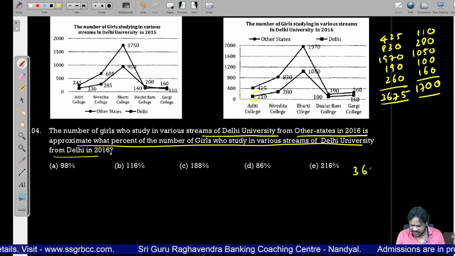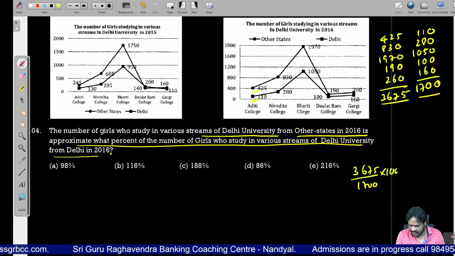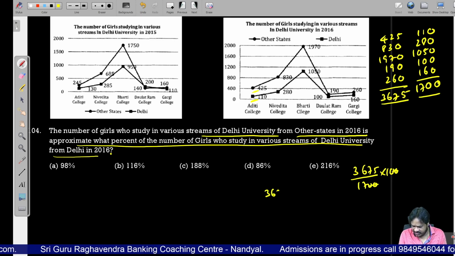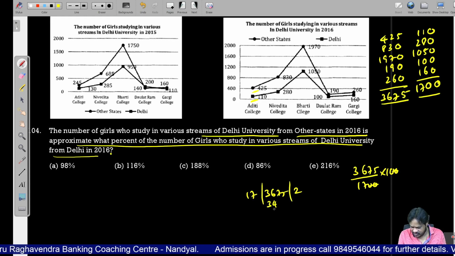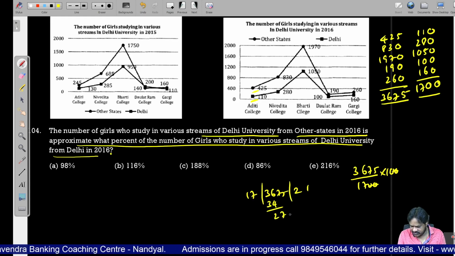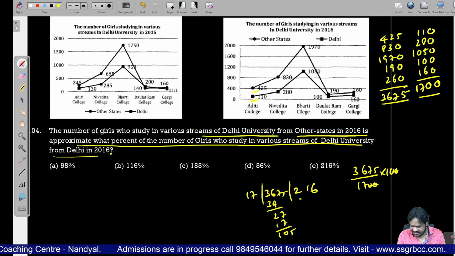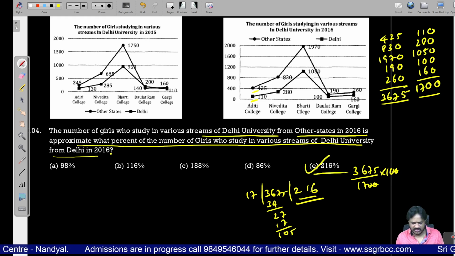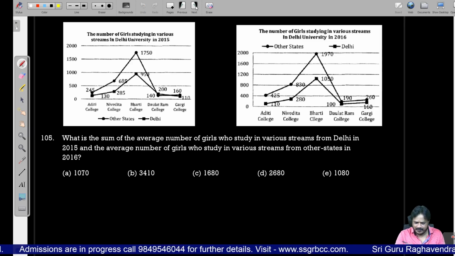The question is 3675 by 1700 into 100. So divide 3675 with 17. Approximately we are getting 216 point something. So the option is 5. Next question.